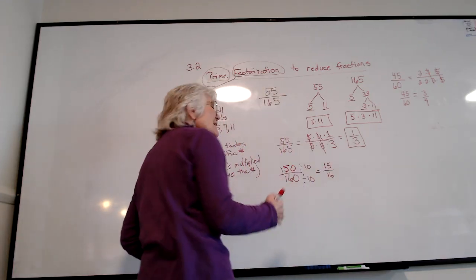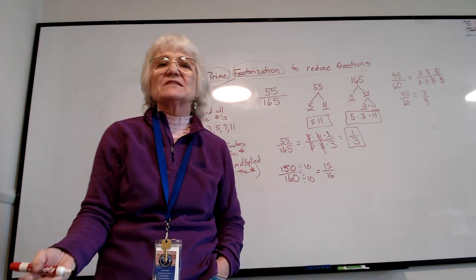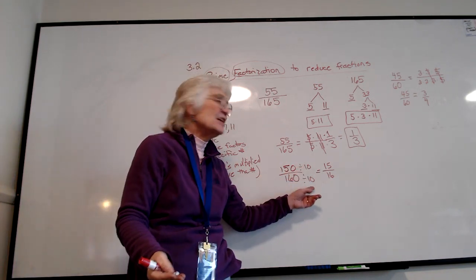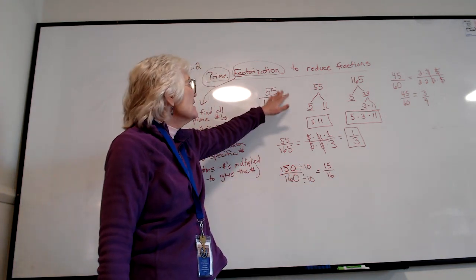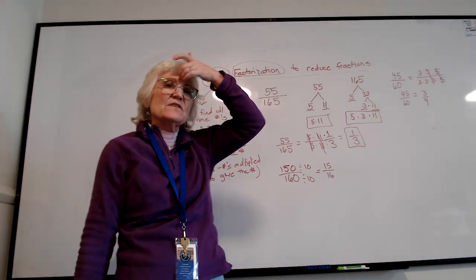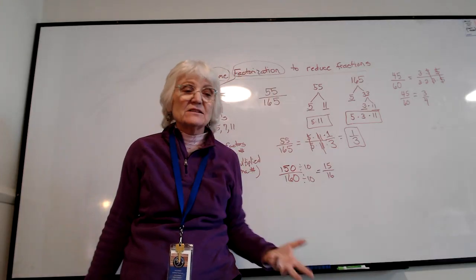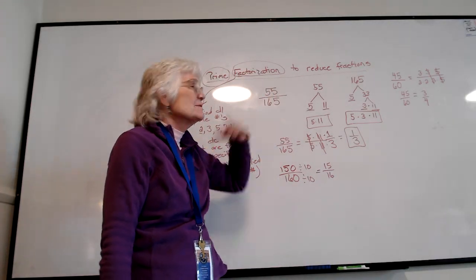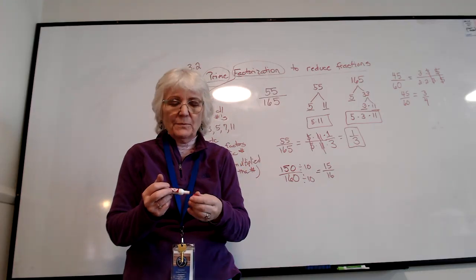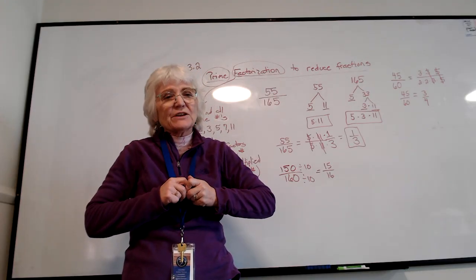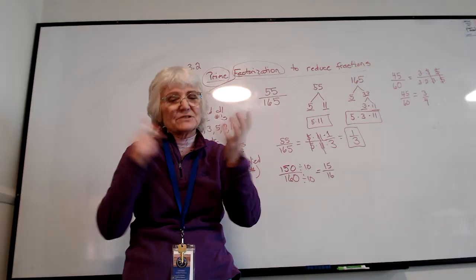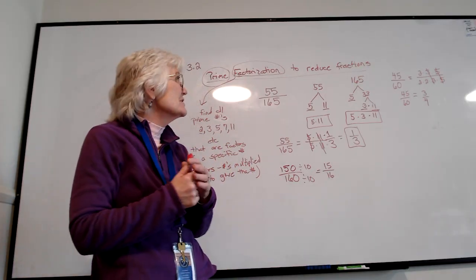I don't really need to do the prime factorization on that because I can see it very easily. But when you can't see, if you have 55 and 165 and you can't see what really goes into those, go ahead and use the prime factorization because it will help you and you'll be much quicker and you won't be trying to guess all sorts of numbers trying to get them to reduce down.